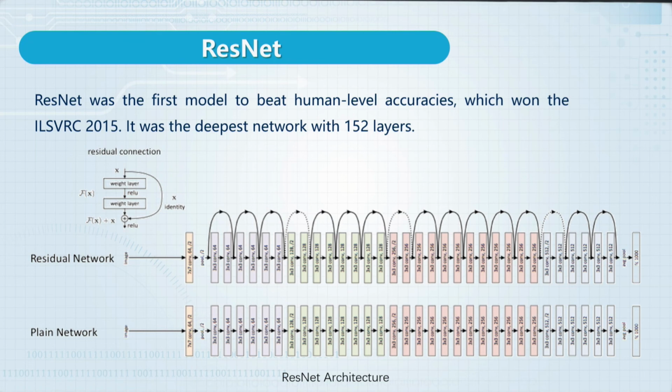ResNet won the ILSVRC 2015. It was the first model to beat human-level accuracies. It was the deepest network with 152 layers. The novelty of the model is that it introduces skip connections and features heavy batch normalization.